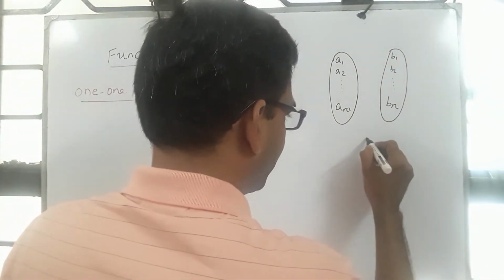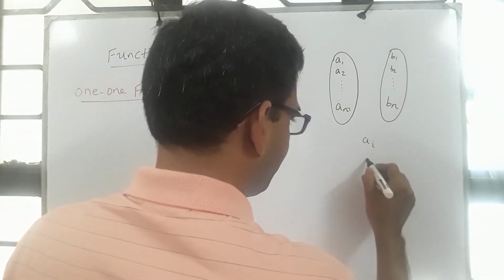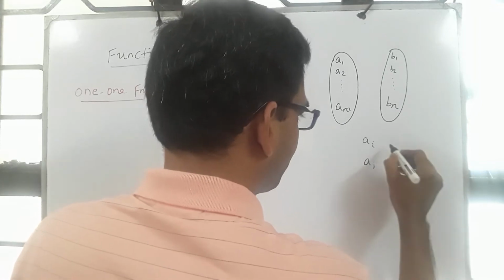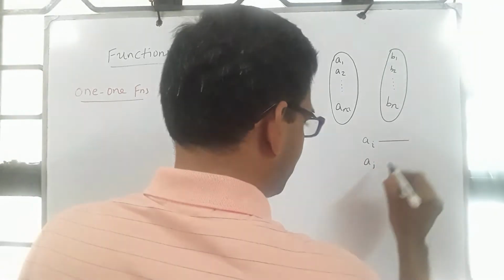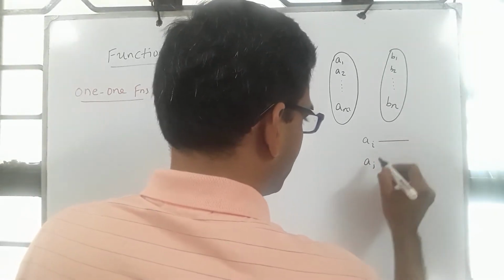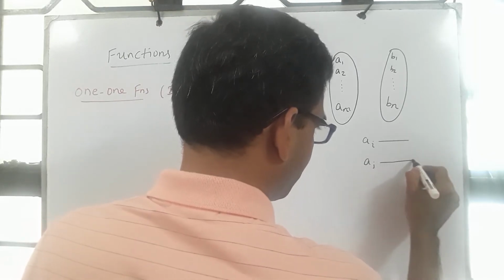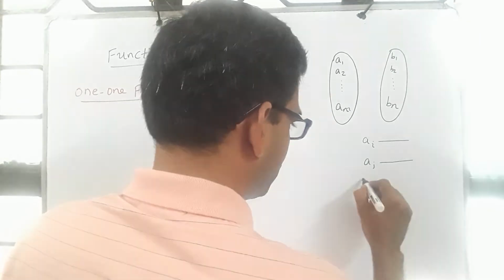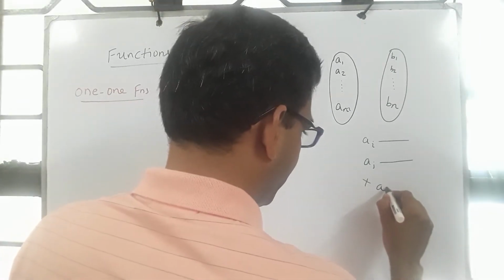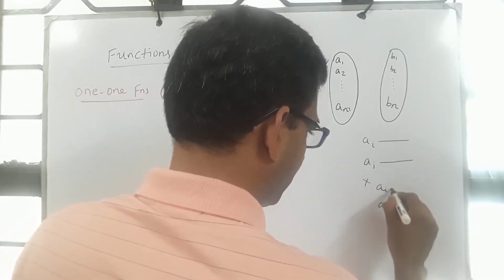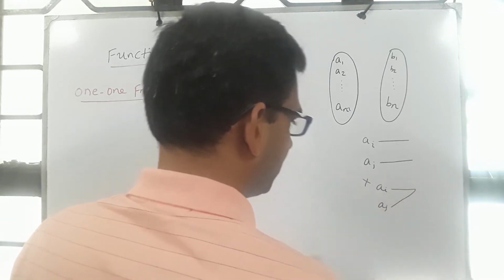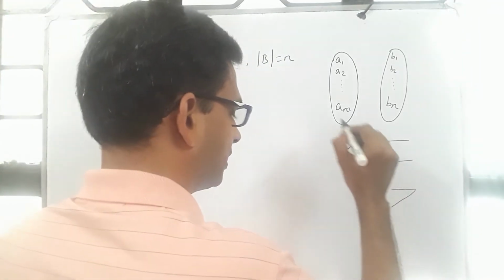Meaning, if I look at ai, if I look at aj, and ai must be mapped to something here, that image is different from aj. So this is not allowed. ai and aj mapping to same element on this is not allowed, whereas this picture is allowed.